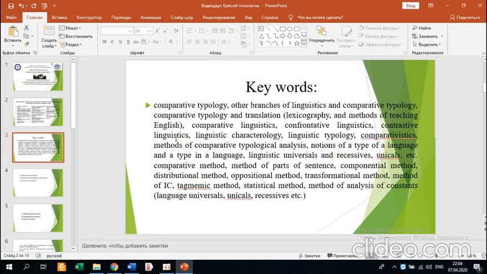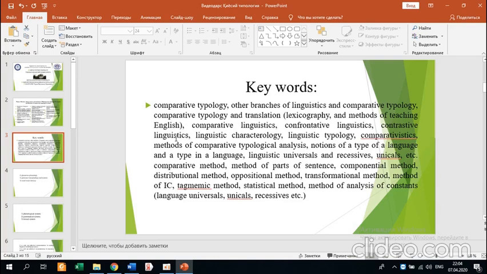As we know, comparative typology is a relatively independent science suggested for graduation courses. It is a teaching discipline recommended for learning in 1970 at language faculties at universities.